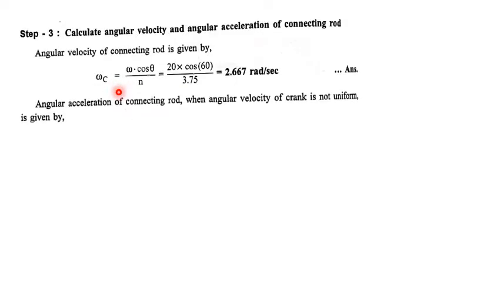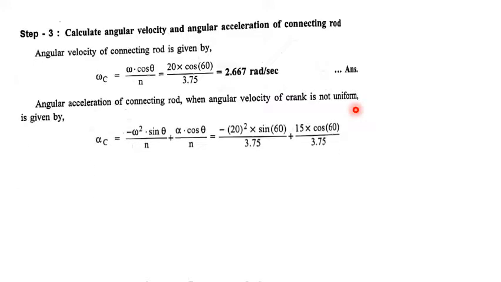In the last step, we are going to find angular acceleration of connecting rod, and we are going to consider the condition of a non-uniform rotation. The formula is alpha c is equals to minus omega square into sine theta divided by n plus alpha into cos theta divided by n. Omega value is 20, alpha value is 15, theta value is 60 degree and n is 3.75.